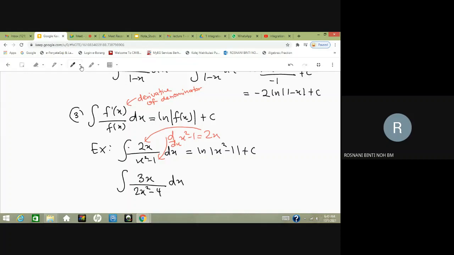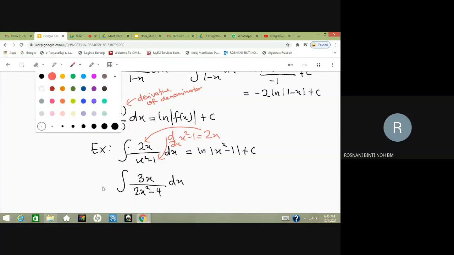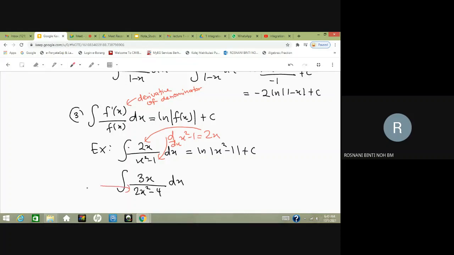When you differentiate 2x squared minus 4, your answer is supposed to be 4x. So your numerator is supposed to be 4x, not 3x. But this one is 3x.